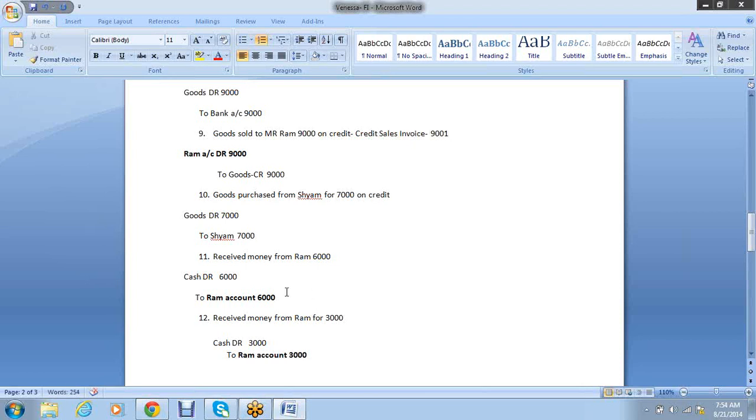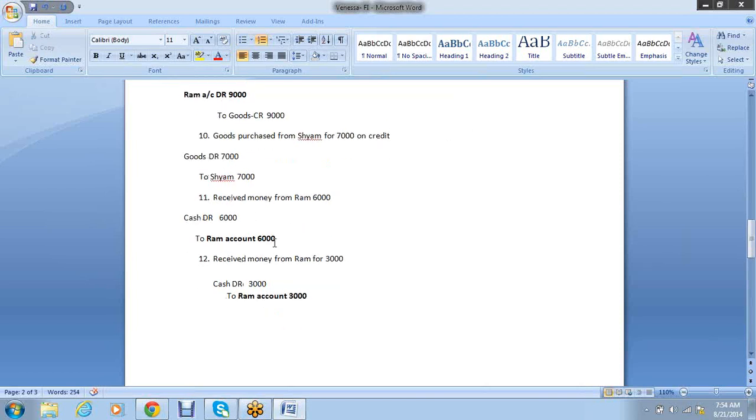Against the same document we deduct 6,000 once and 3,000 once, because it is related to credit invoice number 9001. I'm just giving one example. Against that sales invoice, we clear the amount we have received three times.